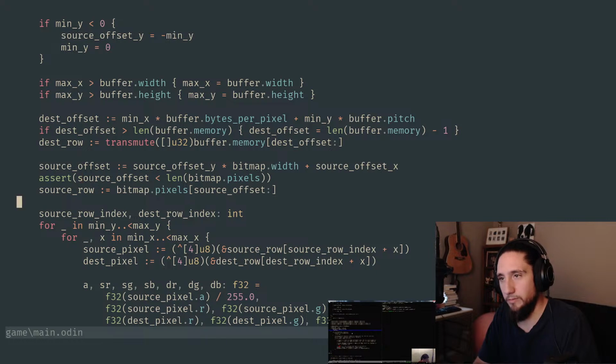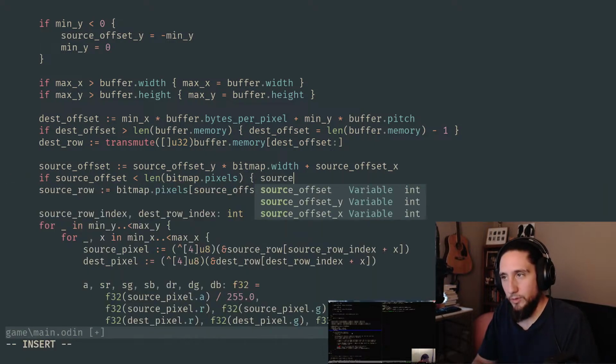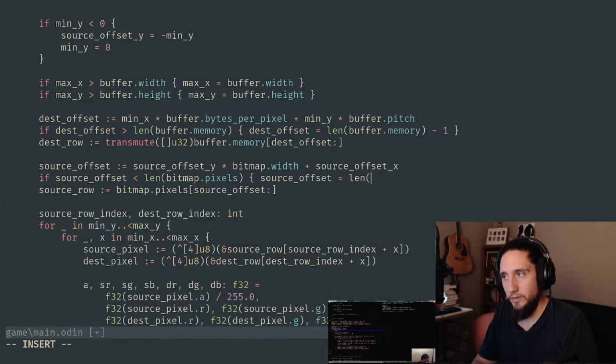We'd throw it away after indexing into both the frame buffer, at least that's what I'm calling it, and the bitmap's pixel buffer. The same thing here: source offset equals the length of the bitmap pixels minus 1.